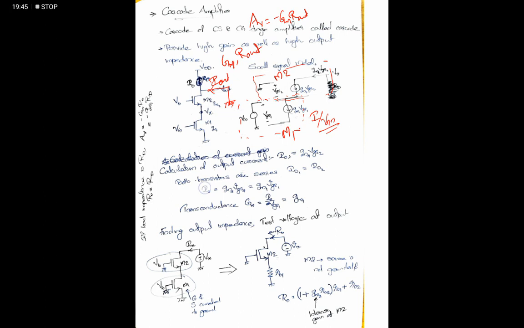In M1 we connect the input at the gate, and here we neglected the channel length modulation. Actually in M2 we need to consider body effect, because the source of M2 is not grounded, so there must be a body effect. Here we also neglected the body effect.